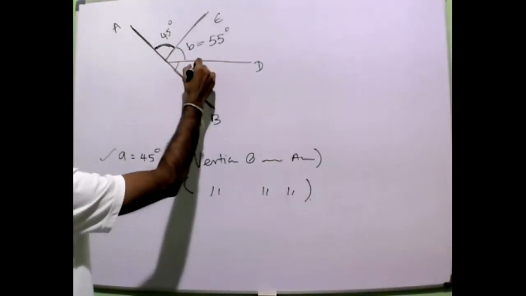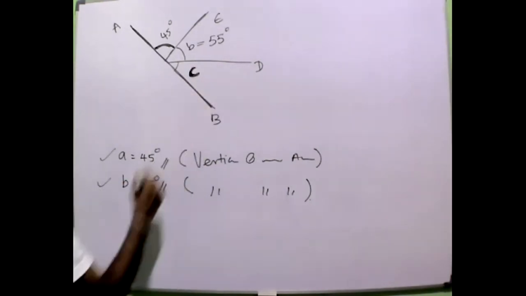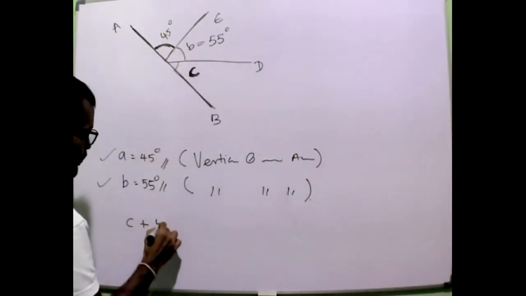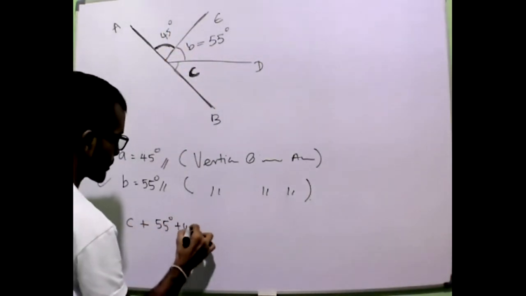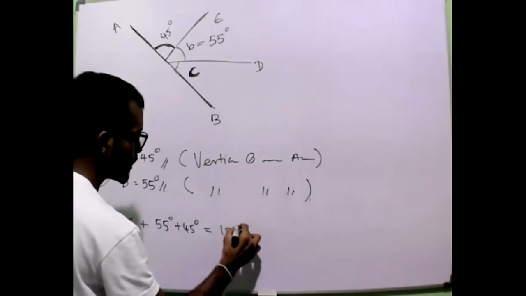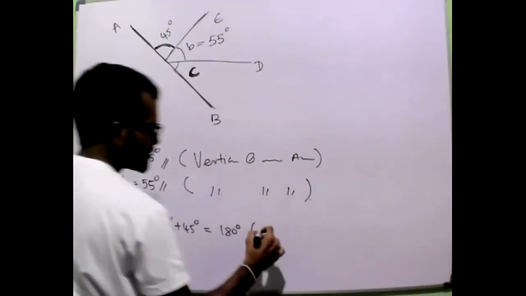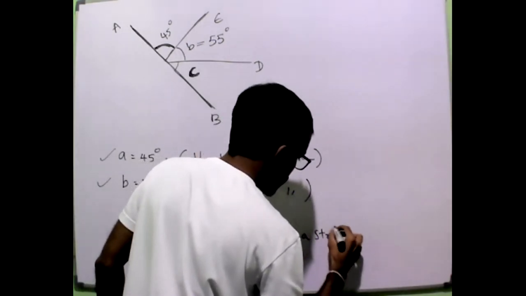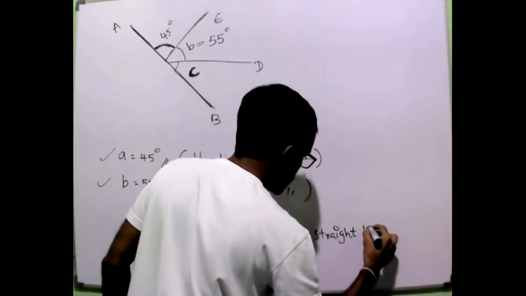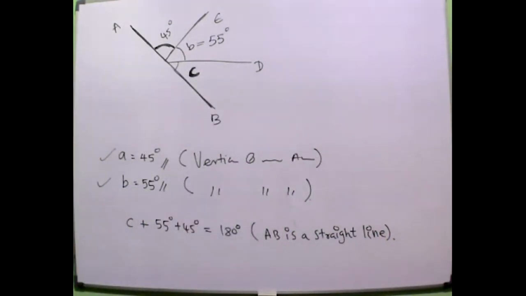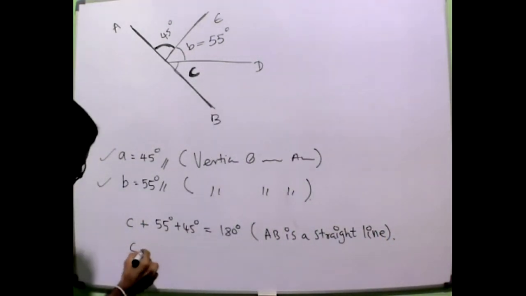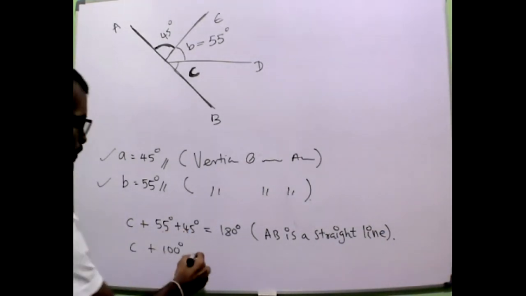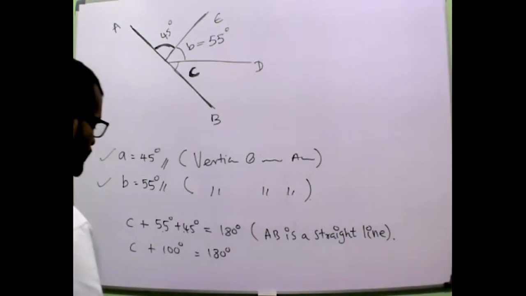So what I have to find is C. So I will begin from C. C plus 55 plus 45 equals 180 degrees. Why is that? AB is a straight line. So C plus 100, 55 plus 45 equals 180 degrees.